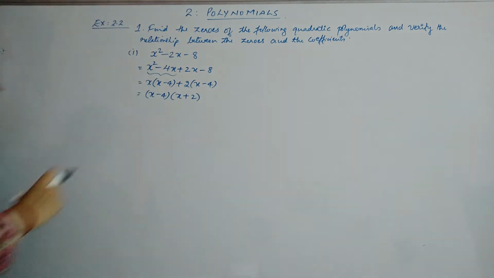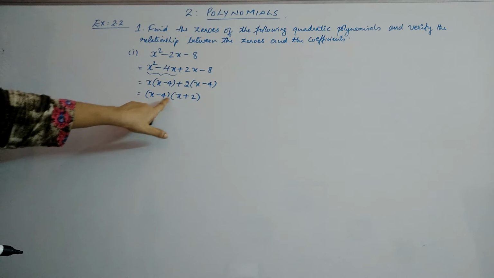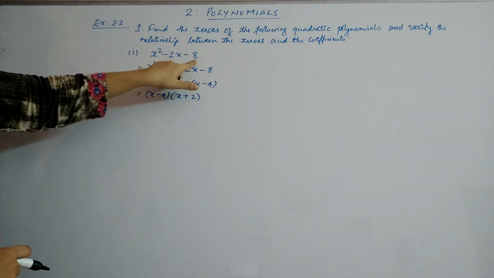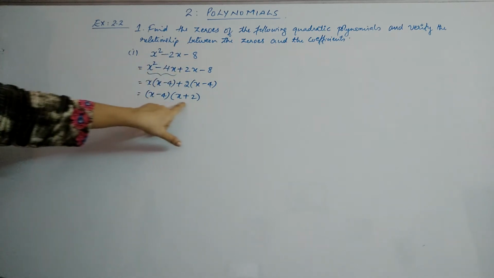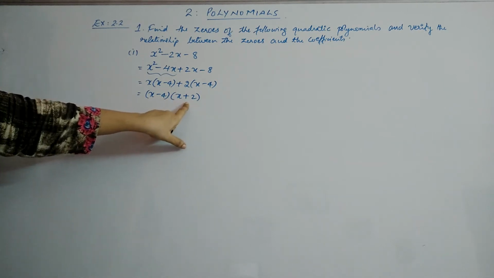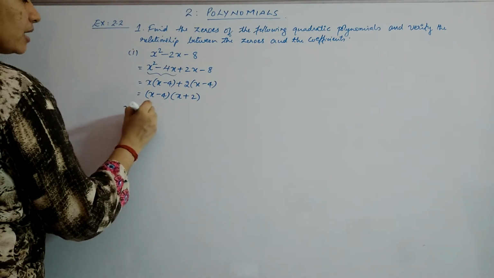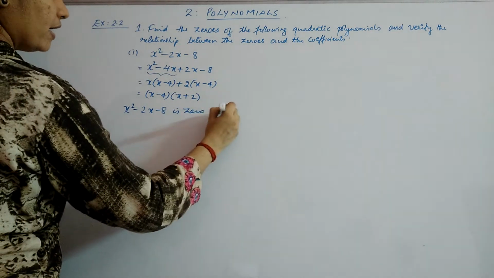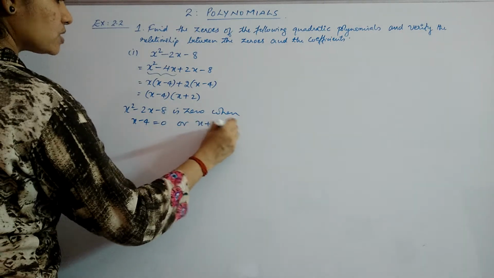So you have factorized this into a product of two linear factors, that is x minus 4 and x plus 2. Now we can say that x square minus 2x minus 8 will be 0 when either x minus 4 is equal to 0 or x plus 2 is equal to 0.